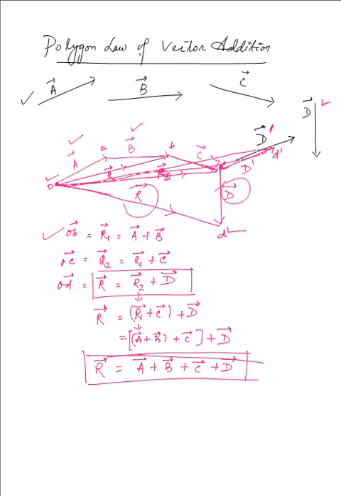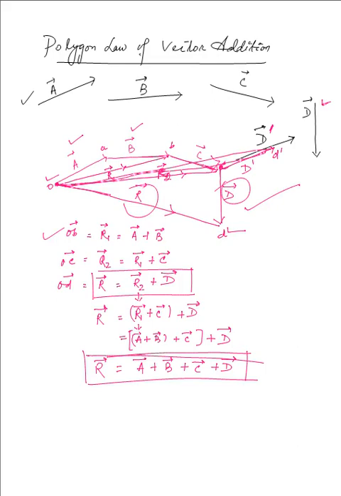So you can assume any set of vectors. This D vector was just to show you that whatever the law states is correct, which means that for an open-sided polygon representing all the vectors both in magnitude and direction taken in the same order or sense, the closing side taken in the opposite sense, from the initial point of the first vector to the terminating point of the last vector considered, gives me the resultant of the entire system of vectors, and that is what the polygon law is all about.